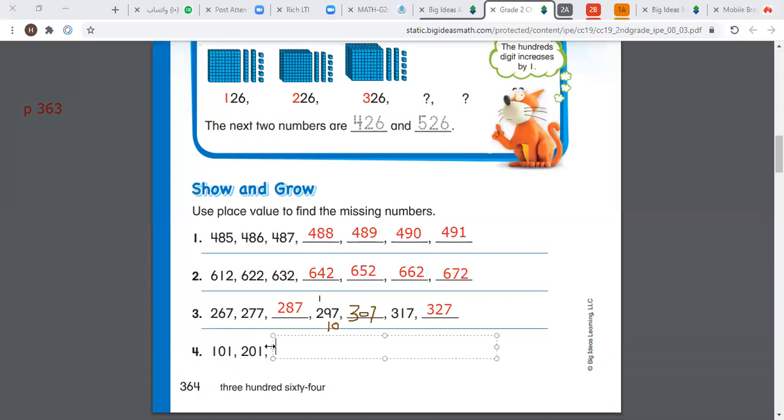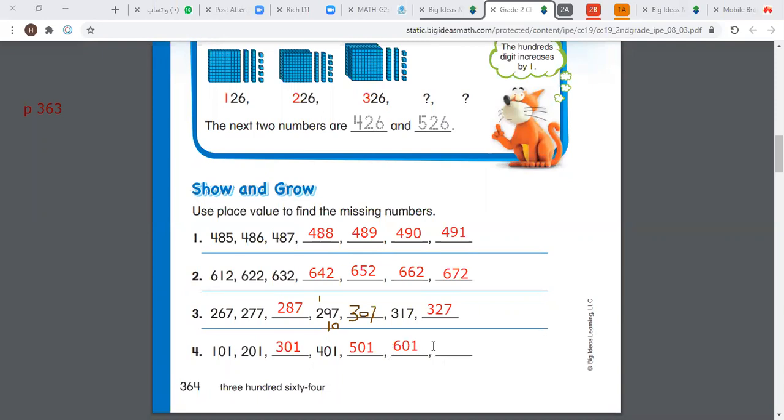Here we increase 1 in the hundreds place. So let's write here 301, 401, 501, 601.